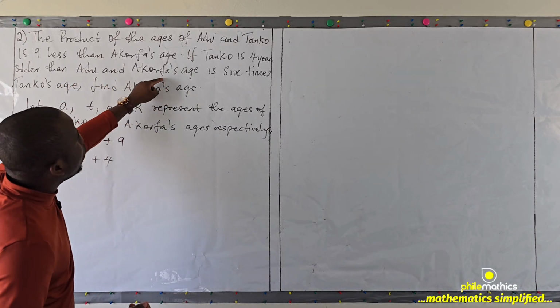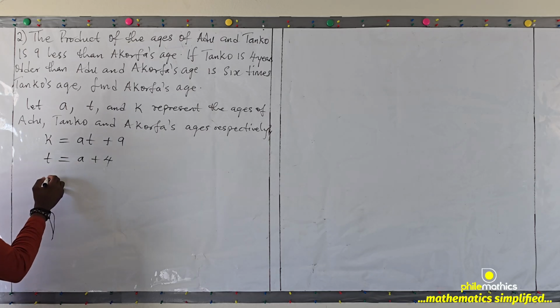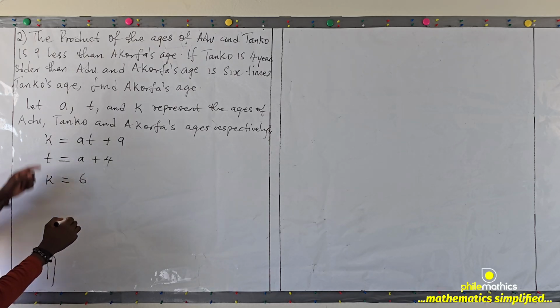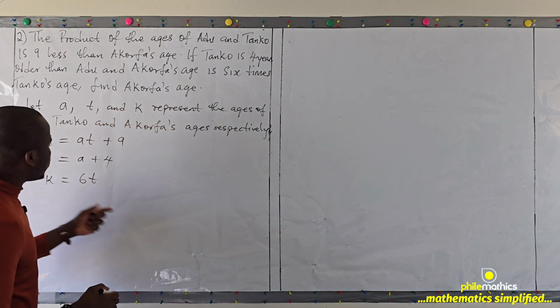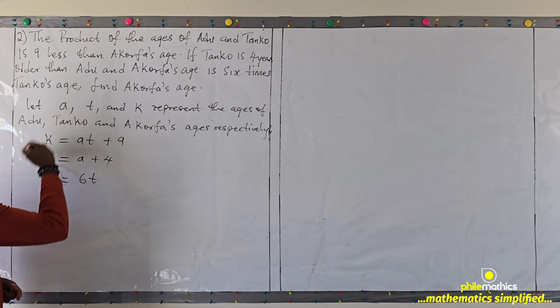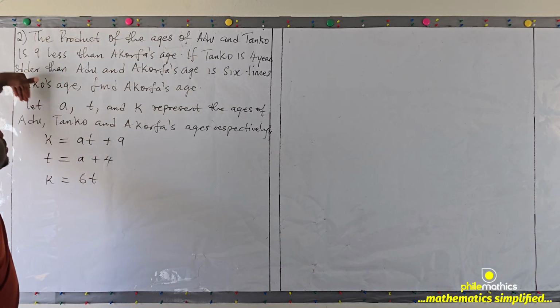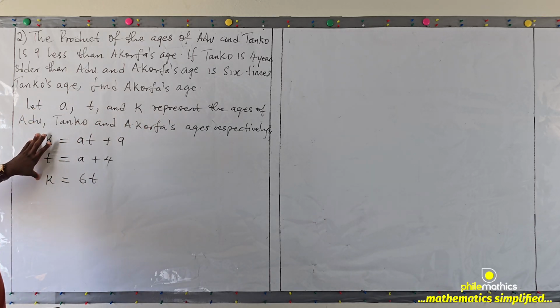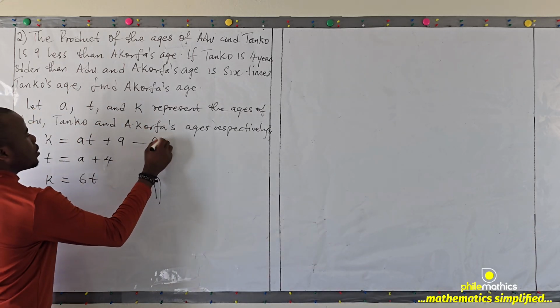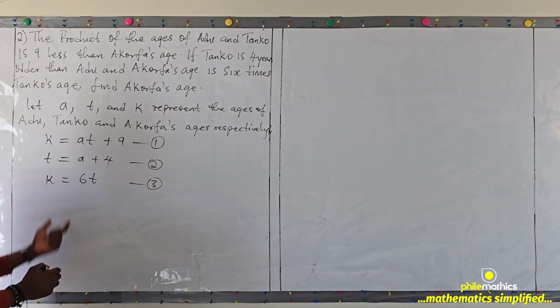And Akofa's age is 6 times Tanko's age, T. Find Akofa's age, so we are looking for K. Just these 3 equations. Let's call them equation 1, equation 2, equation 3. We are simply looking for K.